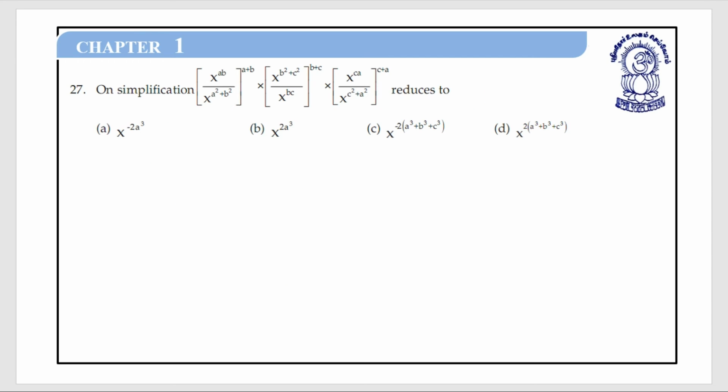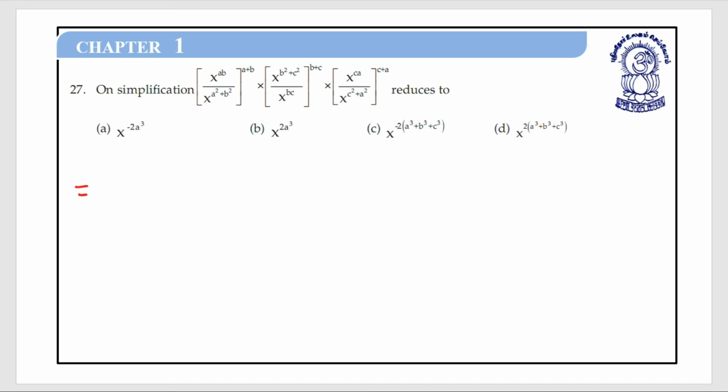Now move to the next question, question number 27. On simplification, (x raised to ab upon a square plus b square) bracket raised to a plus b, into (x raised to b square plus c square upon x raised to bc) bracket raised to b plus c, into (x raised to ca upon x raised to c square plus a square) bracket raised to c plus a.